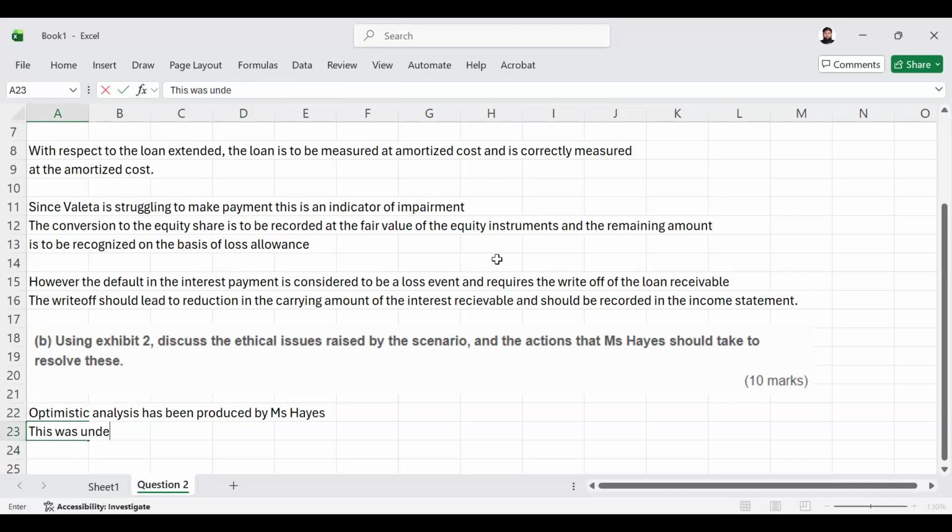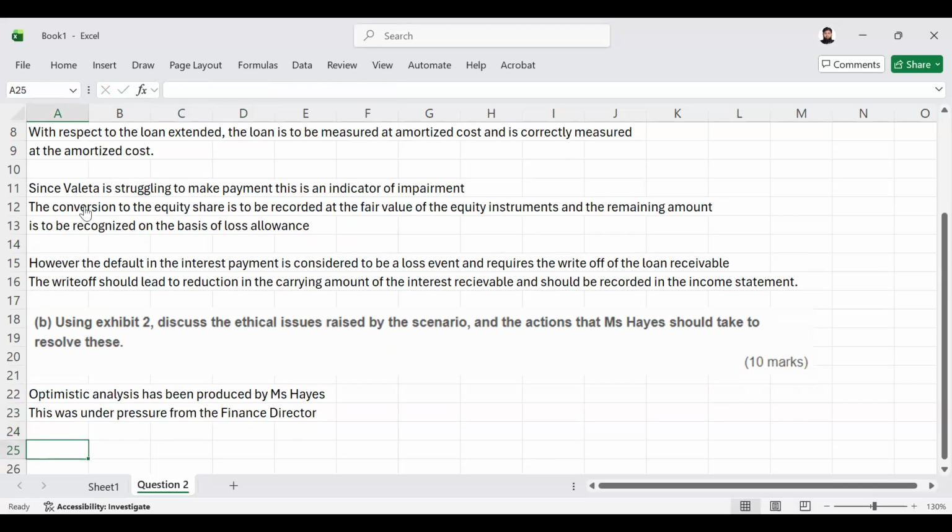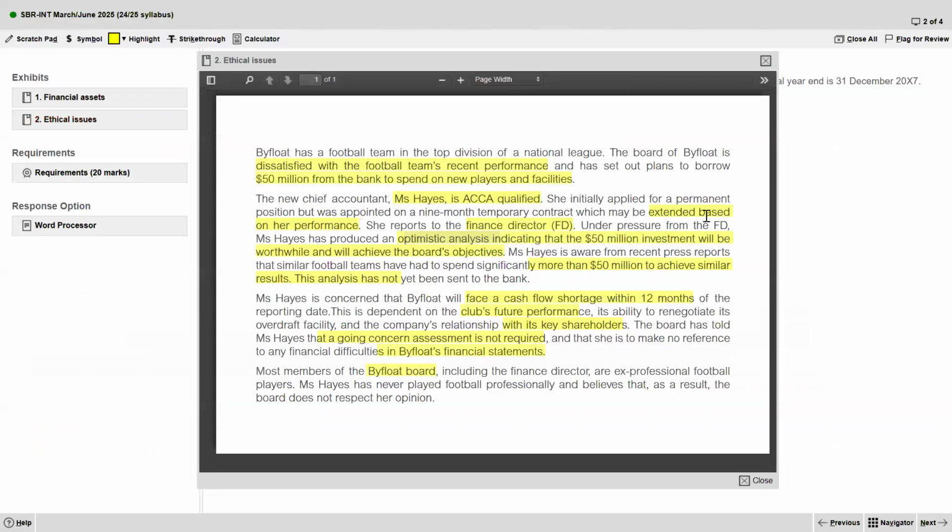This was under pressure from the finance director.